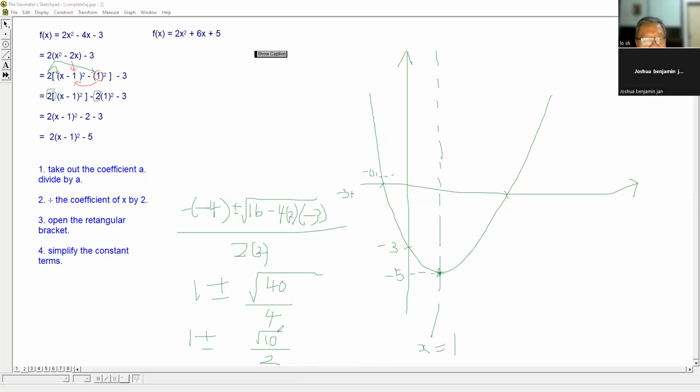Then if plus, it is positive 2 point something. 1 point something plus 1 is 2 point something. Okay, so this one is negative 0 point something, and this is 2 point something.